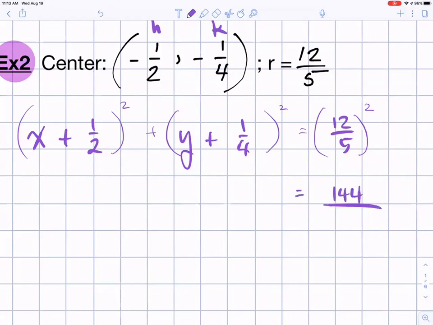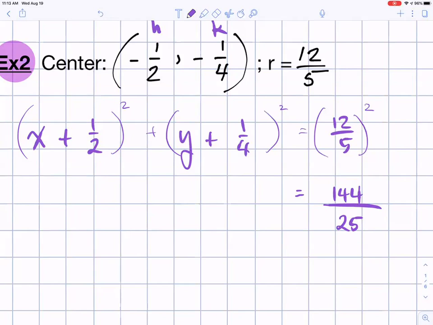Square the bottom, what do you get? 25. If you had gotten that as a decimal, 12/5 would have been 2.4. Can you square 2.4 in your head mentally? I can't, not easily anyway. But yet we can square the fraction easily. So here's a case where fractions win.